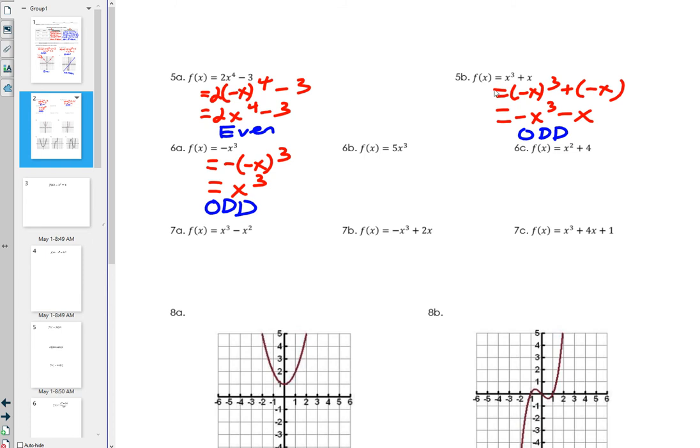Okay, somebody not named Martha or Ann or Jada want to tell me the next one? This would be also a pretty simple one. Even, odd, or neither.